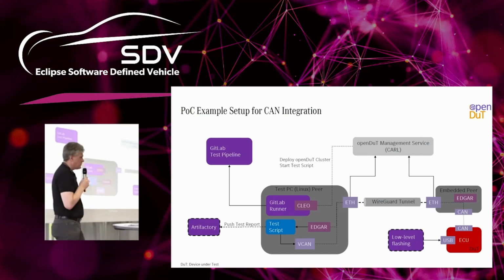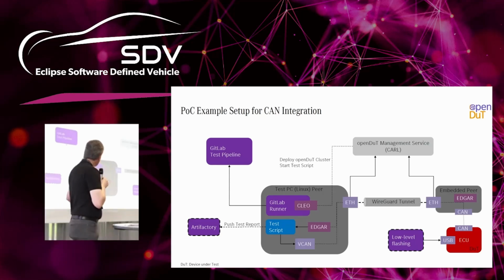Like if you have a GitLab testing pipeline, we will have a GitLab runner that connects to the pipeline, uses Clio to launch the test script and deploy it to the edge device, in this case, the same computer, but it can also be distributed, of course. And this is a typical setup that we are currently evaluating and exploring in more detail.